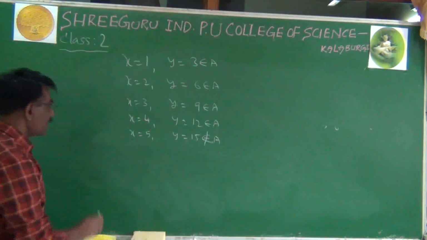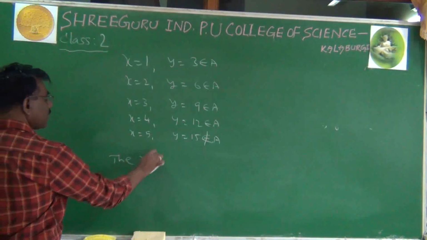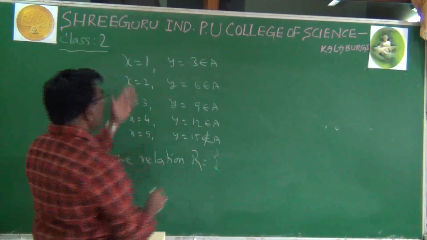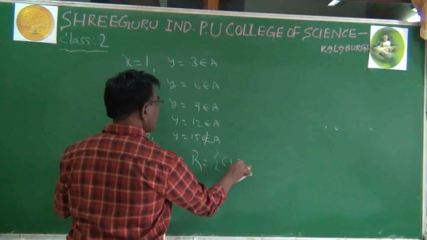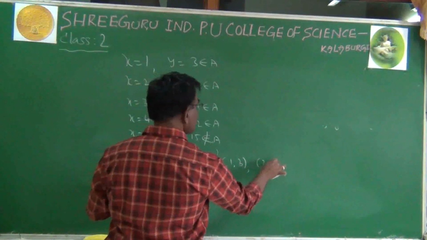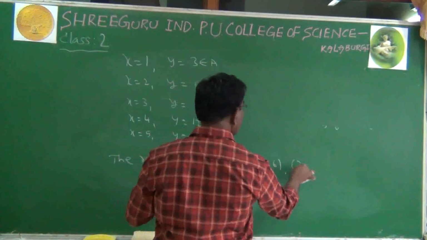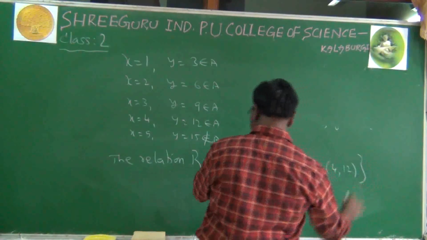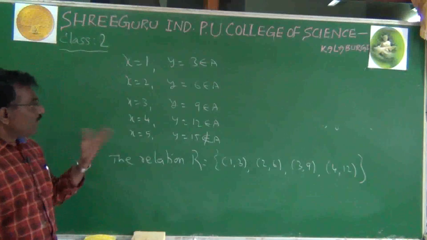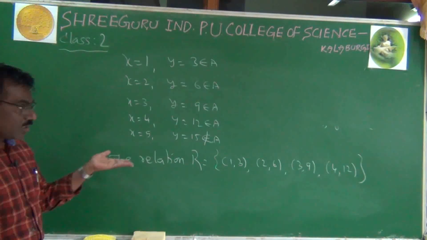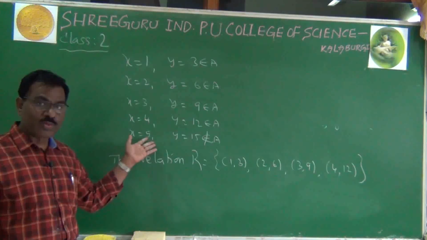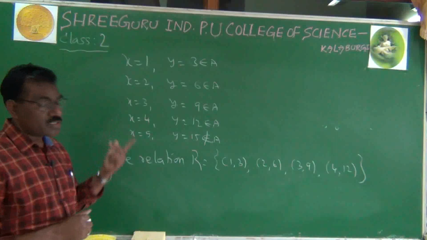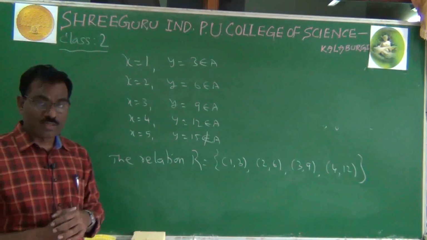The relation R is the ordered pairs (1,3), (2,6), (3,9), (4,12). The pair with 15 is not included because 15 does not belong to set A. Both x and y must belong to set A only.